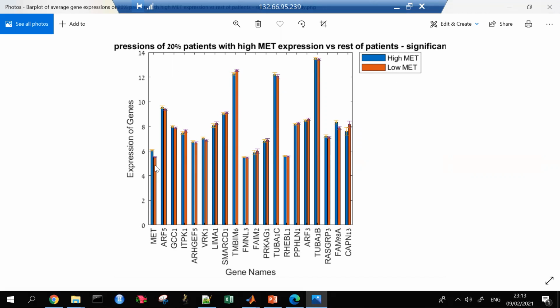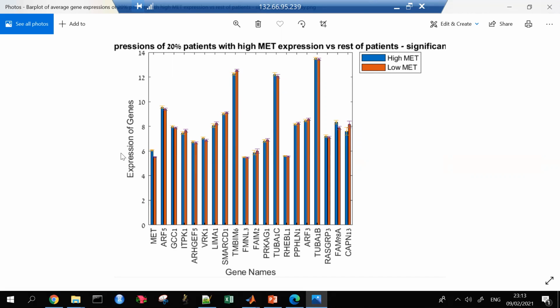Look at the red group versus the blue group, and you can also see the standard error of the groups, and the results are compared by t-test.